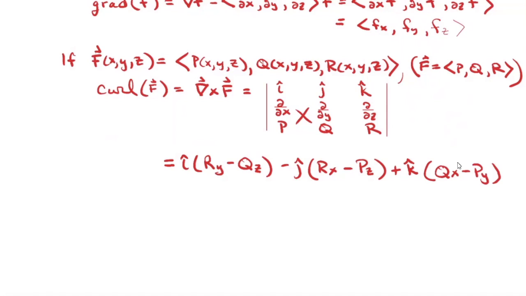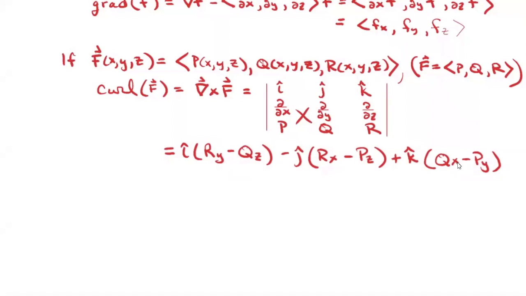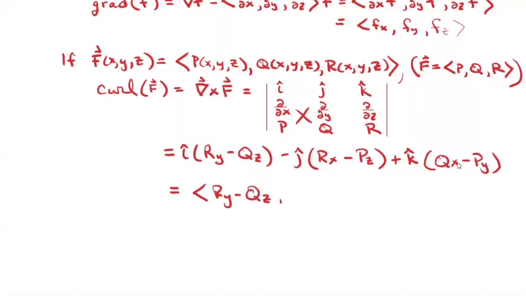Okay, any questions? Obviously we put that in bracket notation. So we'd have Ry minus Qz, comma, probably write Pz minus Rx, comma, Qx minus Py.